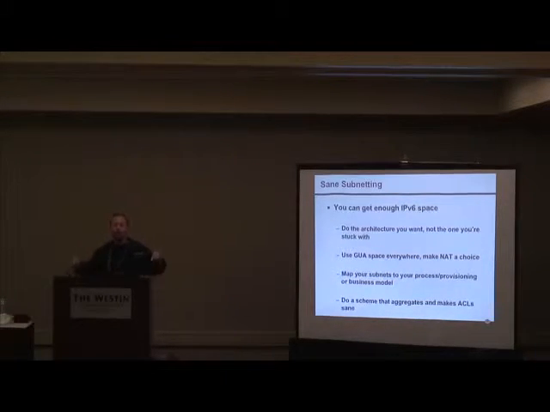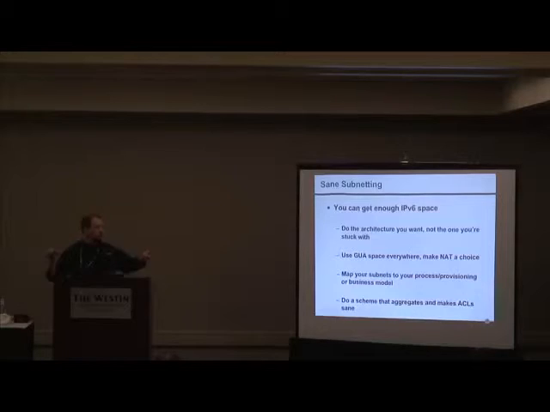One of the other things that I emphasize a lot: when you're getting your address space, figure all of your addresses. RFC 1918 space, all of the public space you have, everything. Get enough global unicast address space to do everything in public routable address space.